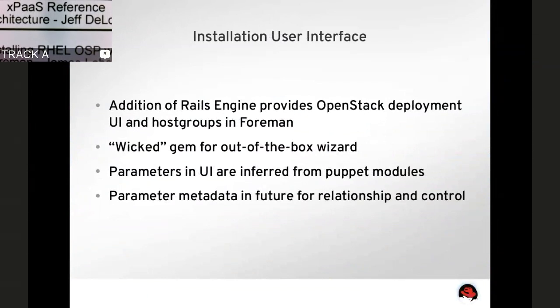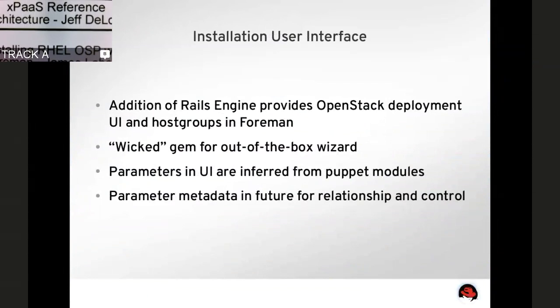So the installation UI. Basically the OpenStack Foreman Installer drops in an additional Rails engine, which generates a new piece of the UI inside of Foreman and generates all the host groups required to configure systems for their roles within an OpenStack deployment.